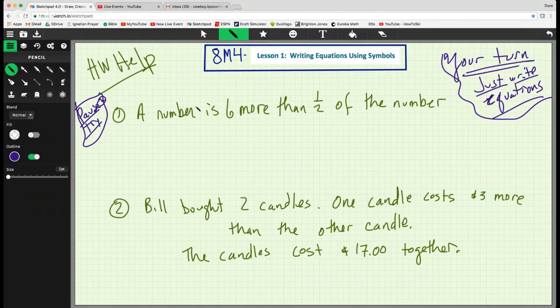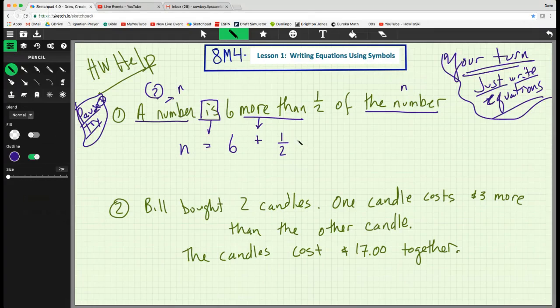So what can we do here? Here is our equal sign. A number, this is what we don't know. So let's call that number n. Normally we'd call it x. I can call it n, but if you called it x, that's fine. And then here we also have n. So here we have n equals 6 more than half of the number.